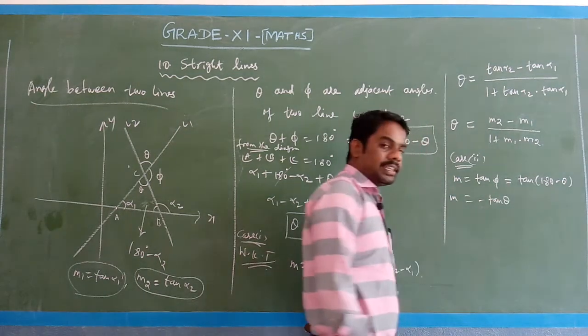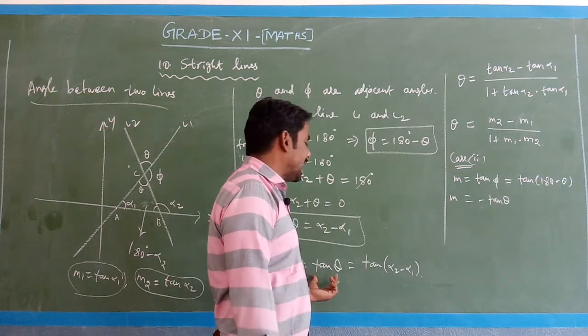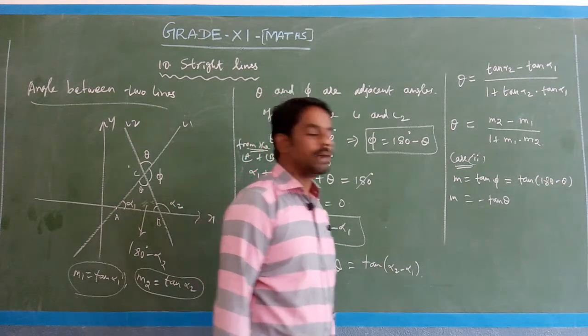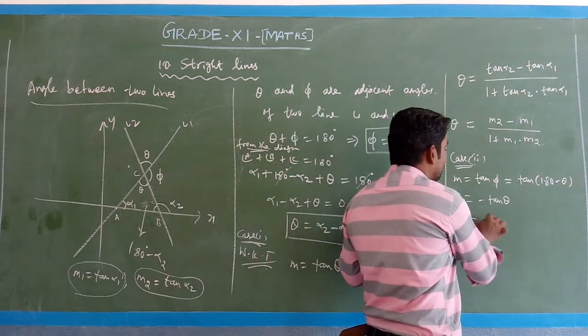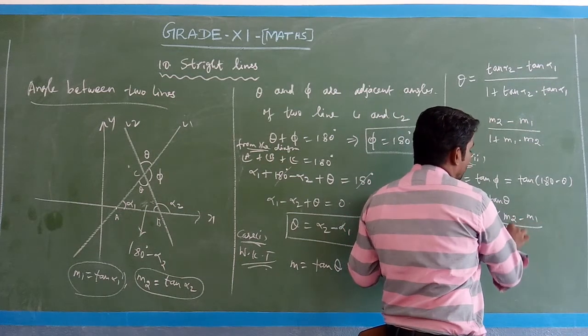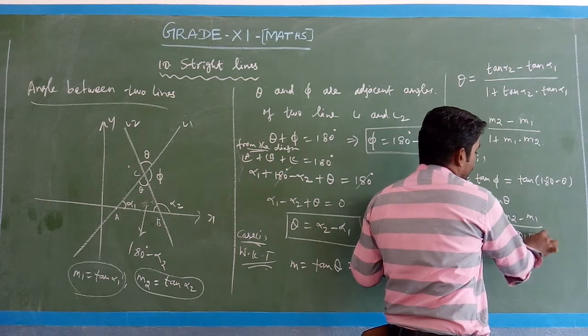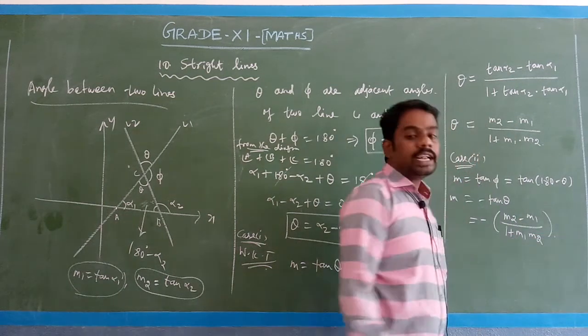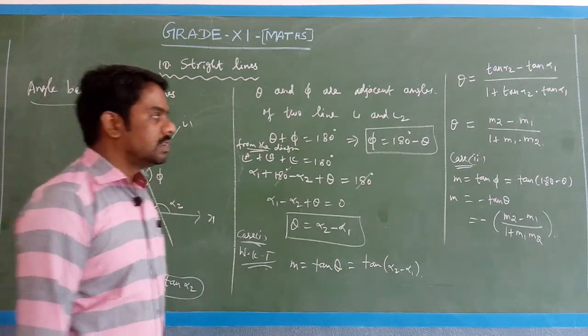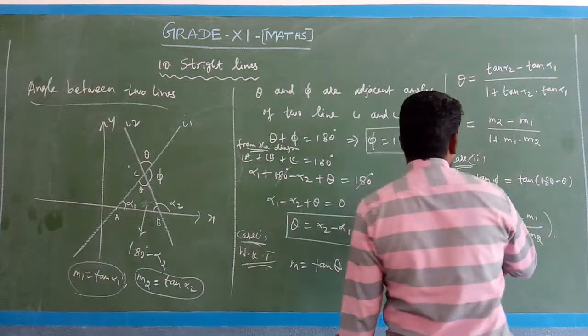Already you know the tan theta value is equal to m2 minus m1 divided by 1 plus m1 m2. So minus tan theta is equal to minus of m2 minus m1 divided by 1 plus m1 m2. Here pi is an obtuse angle.